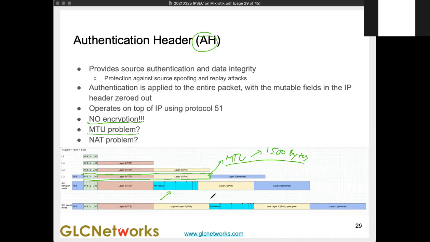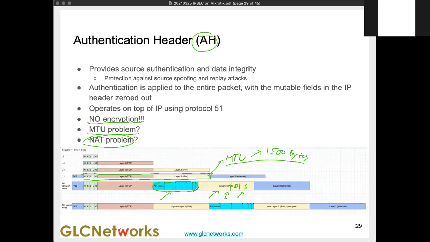Because AH authenticates the IP address, you have a source IP address and a destination IP address, and in the middle there can be a change, for example NAT. If you change something here, the hash will change.